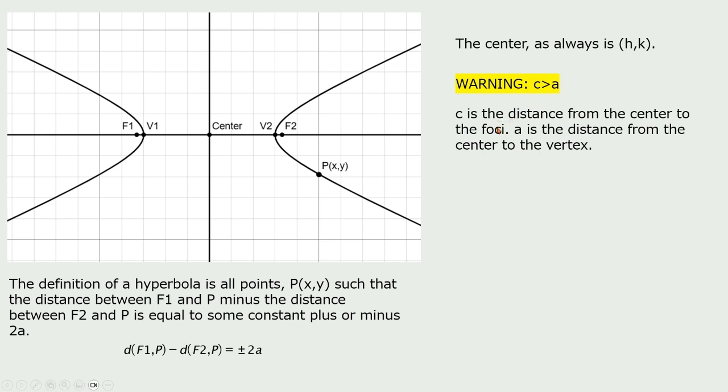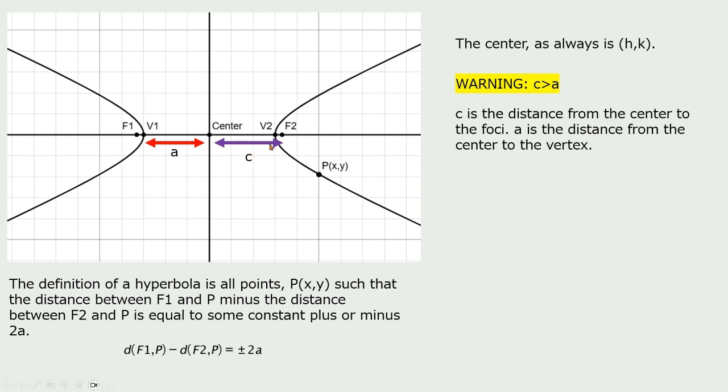But notice that the distance from the center to the focus is longer than the center to the vertex because it's that ellipse kind of flipped inside out. The foci are on the other side. So C is going to be greater than A on this, unlike the ellipse.